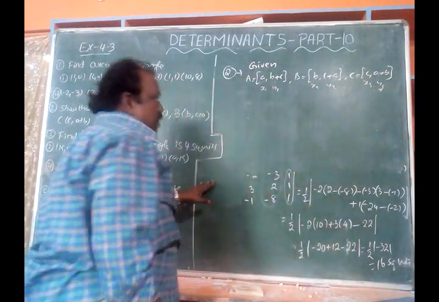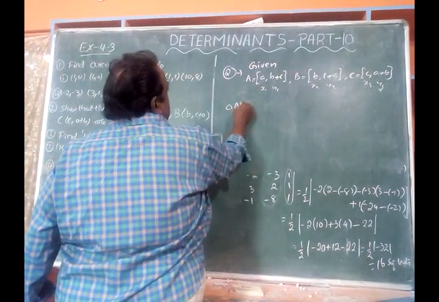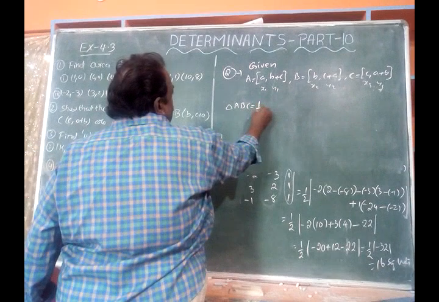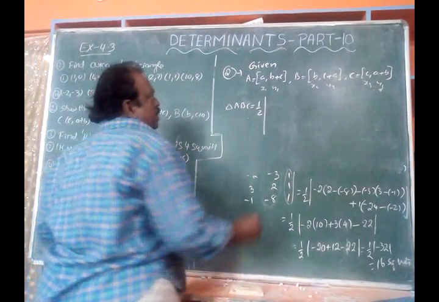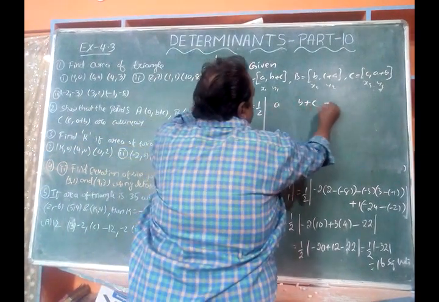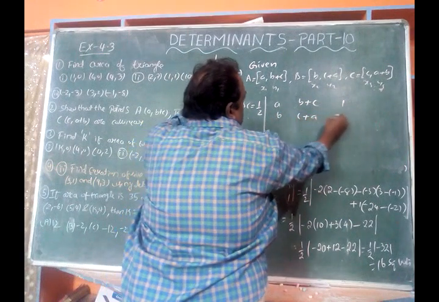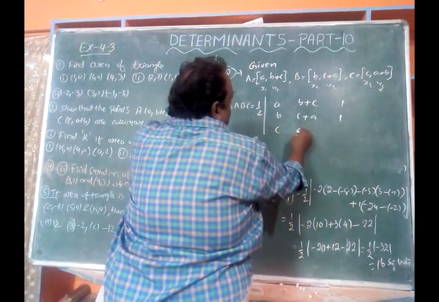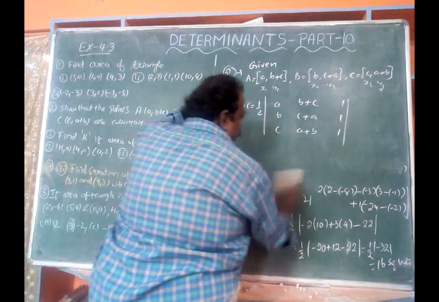That is the concept. Now we verify delta ABC, that is half into determinant x1, y1, 1; A, B plus C, 1; B, C plus A, 1; C, A plus B, 1.